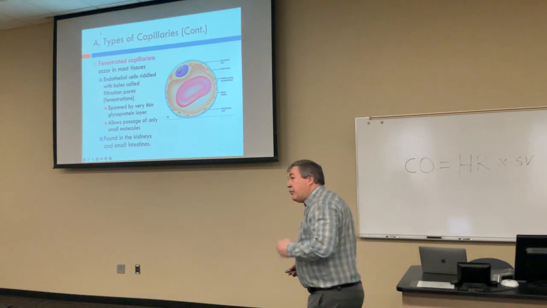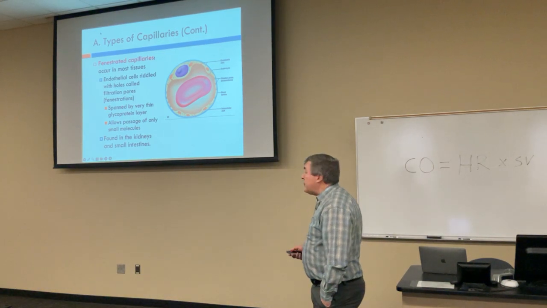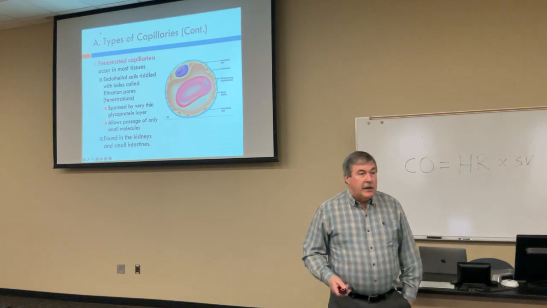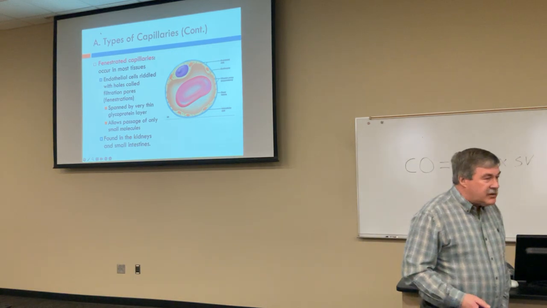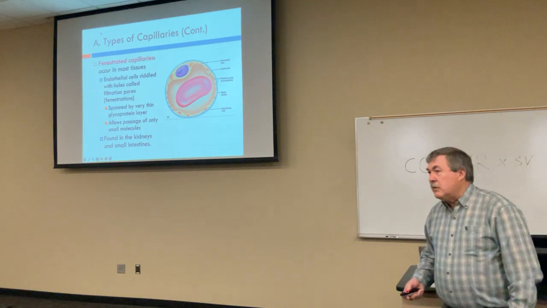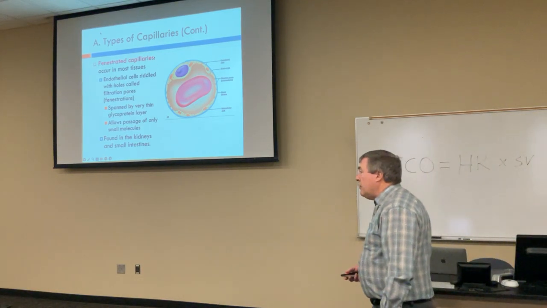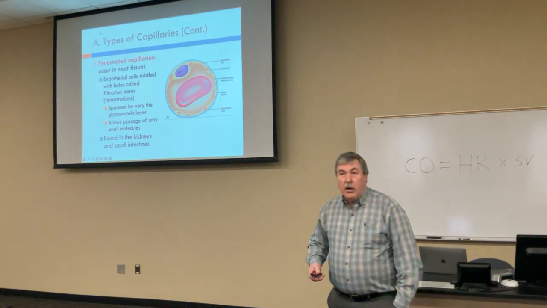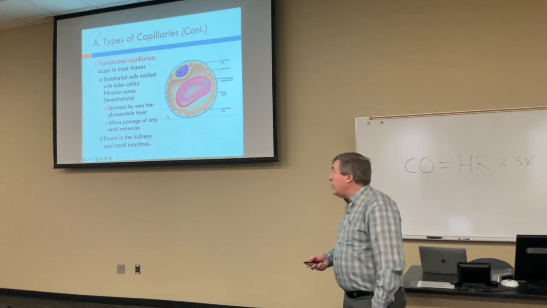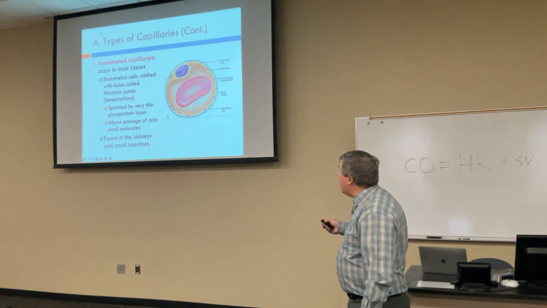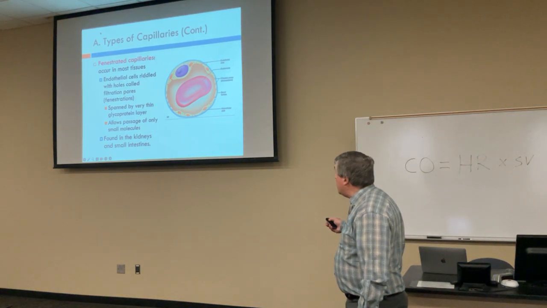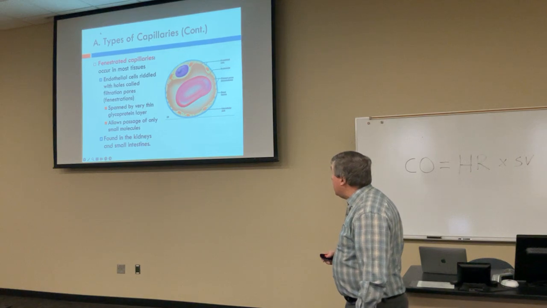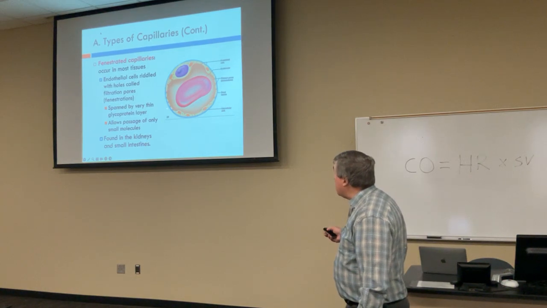And the second type of capillary is called a fenestrated capillary. The word fenestration literally means window, but in this case it actually refers to small holes in the walls of the endothelial cells. If you look really closely, you can see there are actually little pores in the walls of the squamous cells.